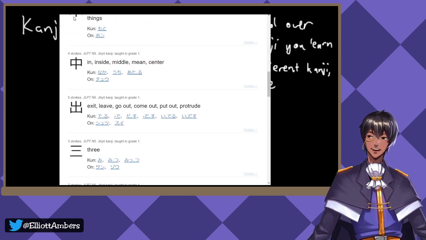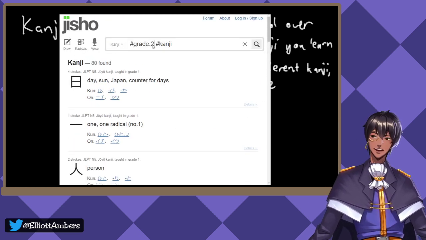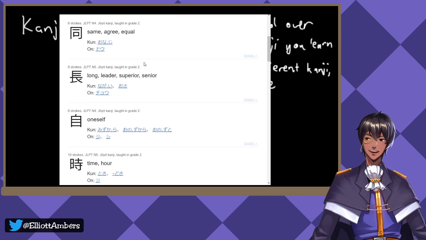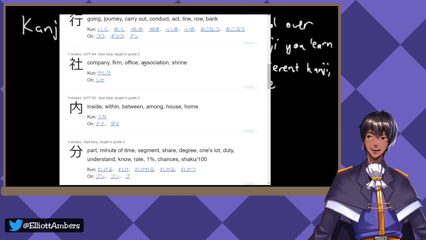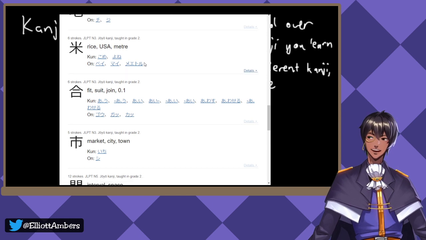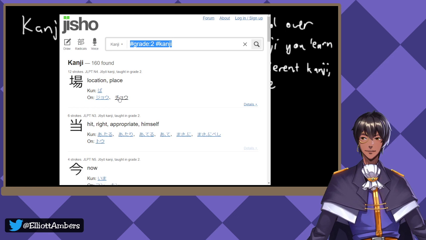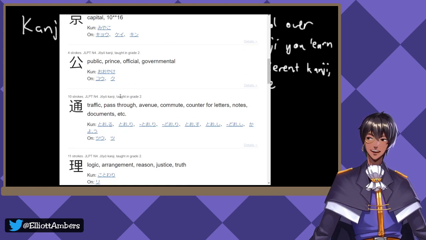There are some kanji that, if I go to the grade 2 kanji, for example, I'm pretty sure there's things that I haven't covered in my kanji practice apps, which makes Anki look a lot more appealing, because you can work with decks that do go over these. Actually, I do think I have gone over most of these.